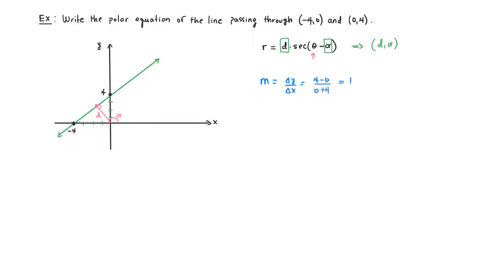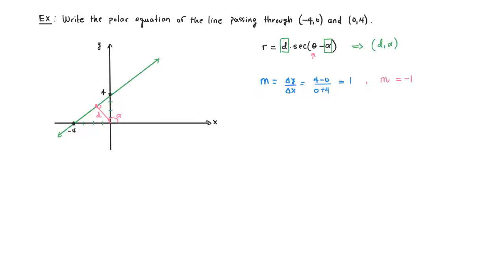So if the slope of my green line happens to be 1, the slope of the pink segment is going to be negative 1. And I know that because those two lines are going to be perpendicular. So then I know that the slope of the pink line, let me even write it in pink, is going to be equal to -1.